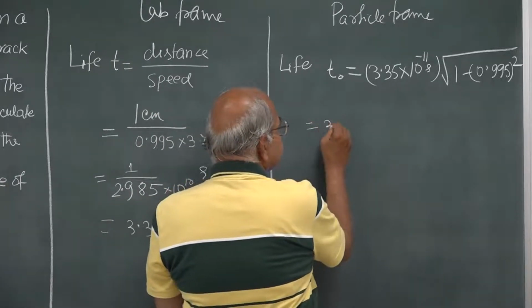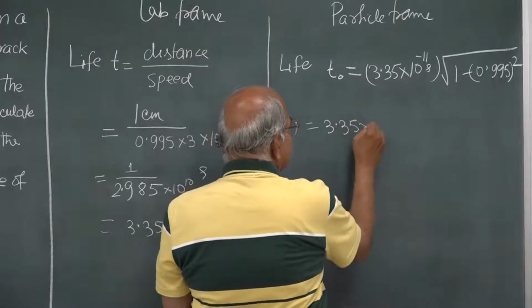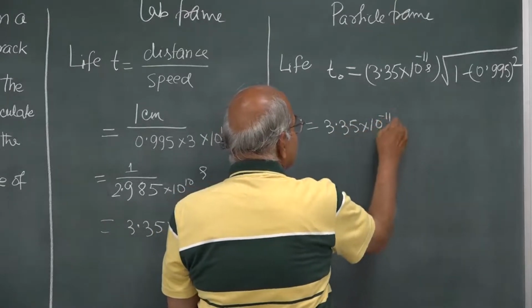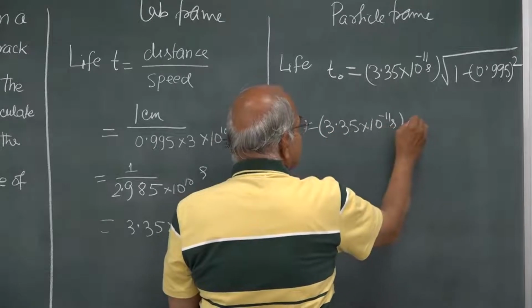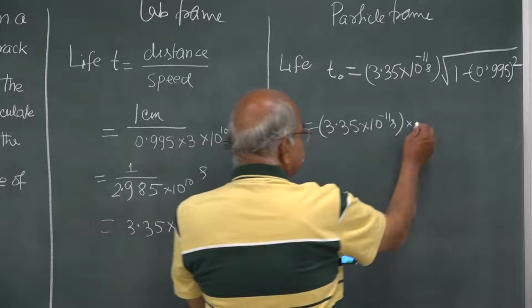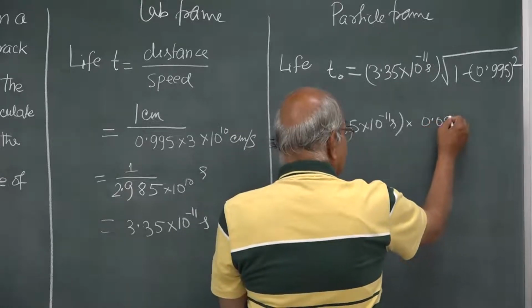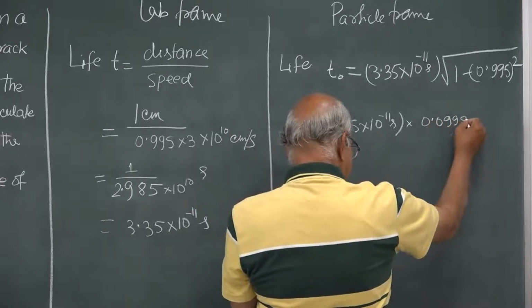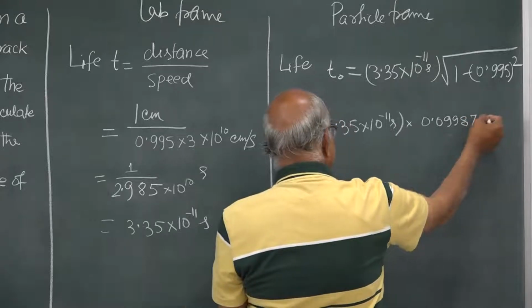This is 3.35 into 10 power minus 11 second, and then multiplied by 0.0998 and so on, something like that.